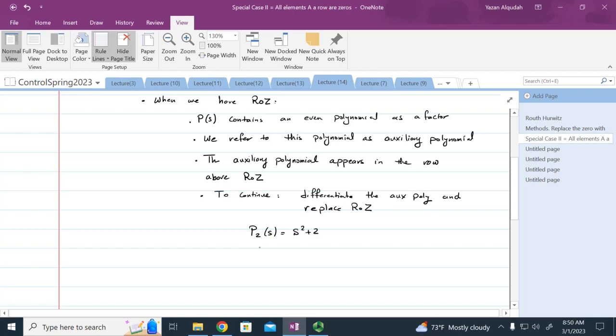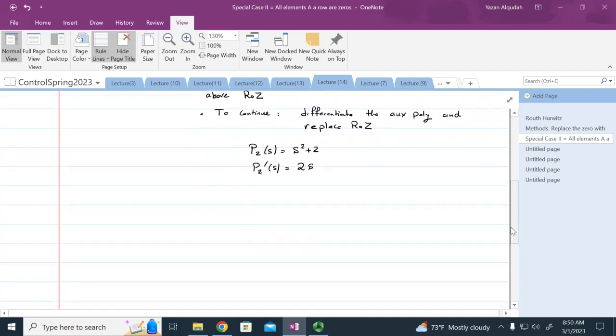If I differentiate it, I get 2 multiplied by s. Going to my table, s cubed, s squared, s to the 1, s to the 0, we had 1, 2, 1, 2. Now I replace the row of 0 with the differentiation of that polynomial.